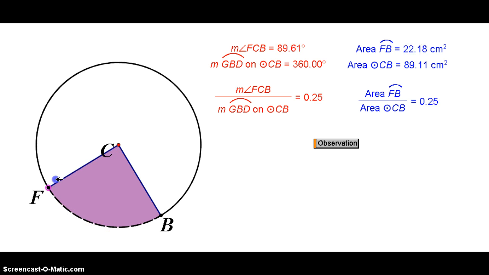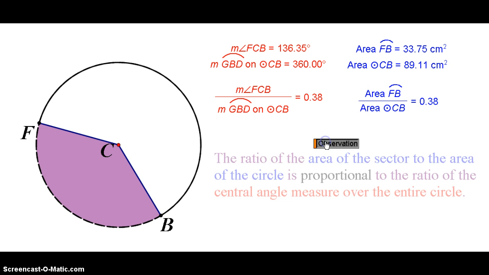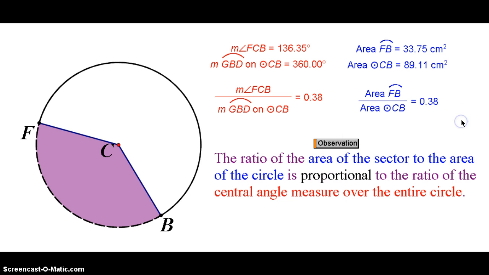And as I increase my central angle, so right now I have a 136.35 degree central angle, which is approximately 38% of 360 degrees, I notice that the area of the sector is also 38%. So our observation again is that the ratio of the area of the sector to the area of the circle is proportional to the ratio of the central angle measure over the entire circle.